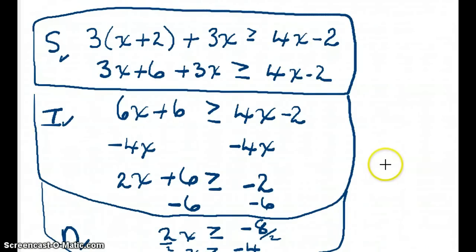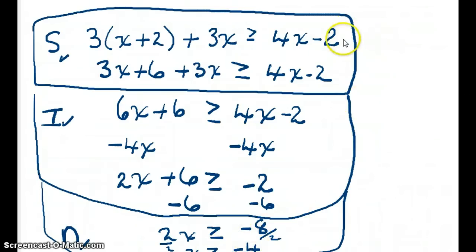So here you can see a problem that I've already solved, and it's very straightforward. I mean, it's 3 parentheses x plus 2 plus 3x is greater than or equal to 4x minus 2. The thing that I'd like you to take a look at here is that I still simplified, I still isolated my variable, and you can't see the very bottom here, I apologize, but I divided the 2x, and I divided the negative 8, and I end up with x is greater than or equal to negative 4.